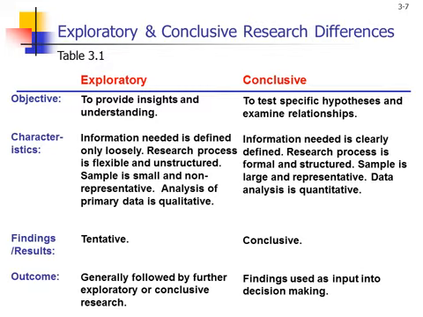And the characteristics in conclusive research: the information needed is clearly defined, the research process is formal and structured, the sample is large and representative, and data analysis is quantitative. In the findings or results, exploratory research is tentative, and in conclusive research, the findings are conclusive.